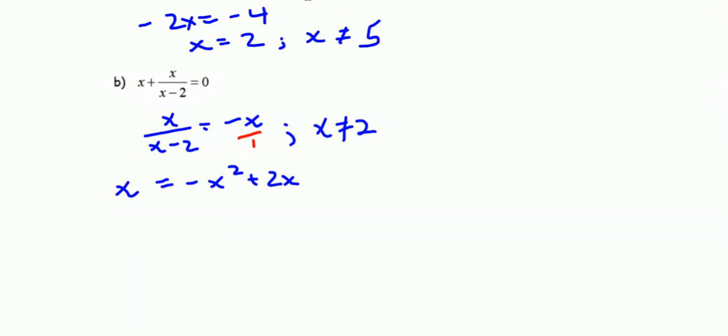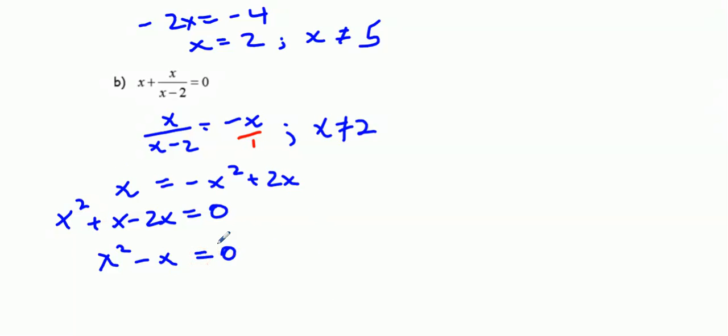I don't like using negatives, so I'm going to move the negative x squared over to the left-hand side and have that side equal to 0 here. So x squared plus x minus 2x equals 0. And so when I combine these, I'm going to get x squared minus x equals 0.